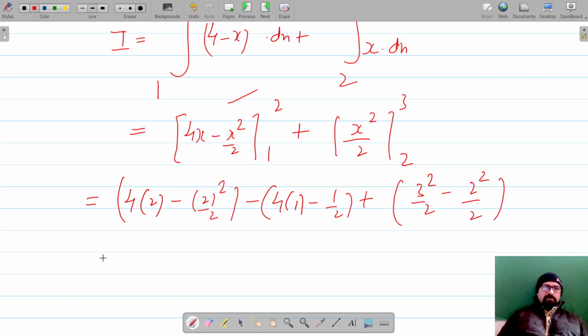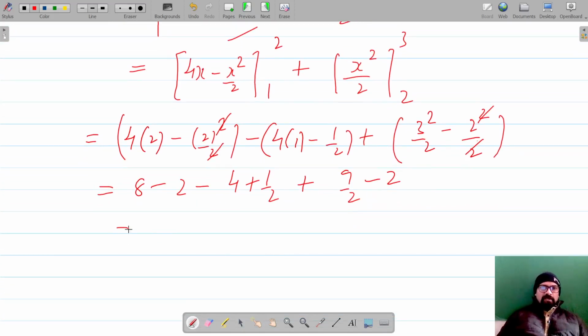If we simplify this, 4 into 2 is 8, so this is 8 minus 2, which is 6, minus 4 minus one half, which is 4 minus half. And 3 squared by 2 is 9 by 2, and 2 squared by 2 is 2.